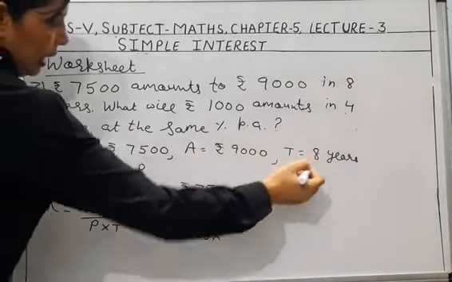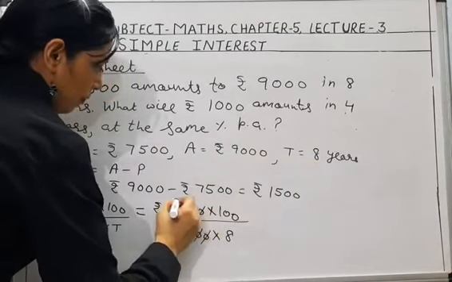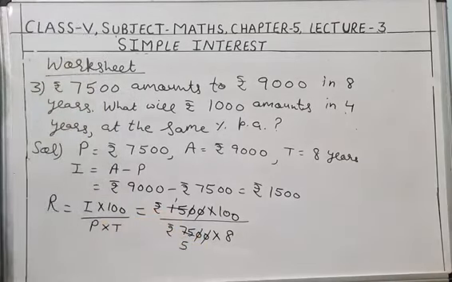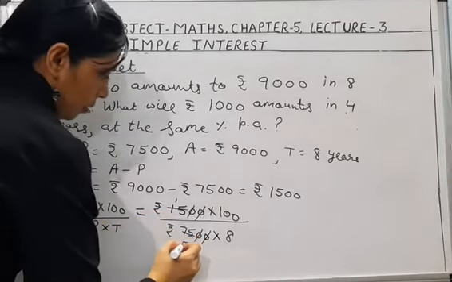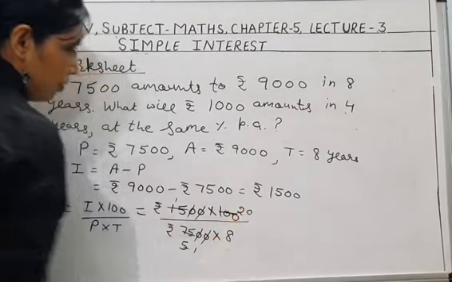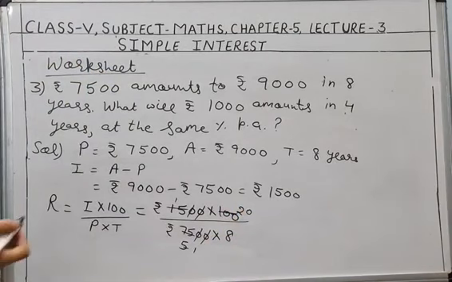What is the time here? 8 years. Cancel these zeros. 15 ones are 15. 15 fives are 75. Right? 5 ones are 5. 5 twos are 10. 5 zeros are 0. It is 20 upon 8.